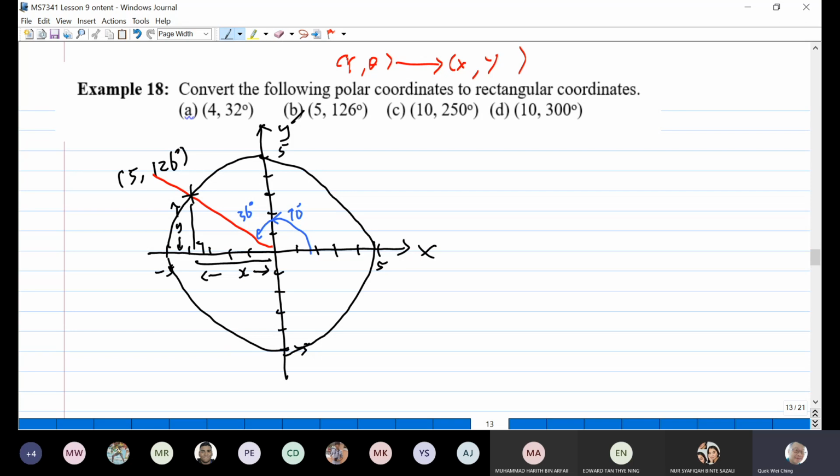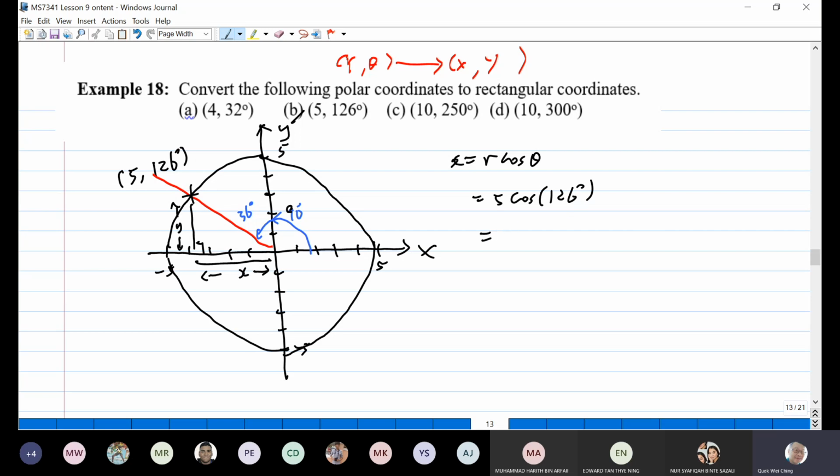So how do you actually find x and y now? You just use the formula from before. So you get x equal to r cosine theta. R equal to 5, then cosine 126.